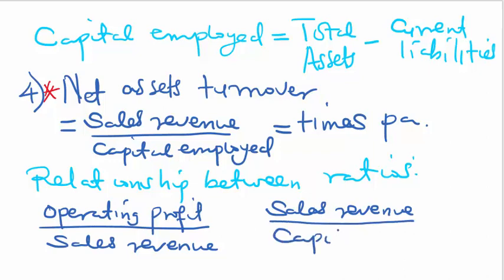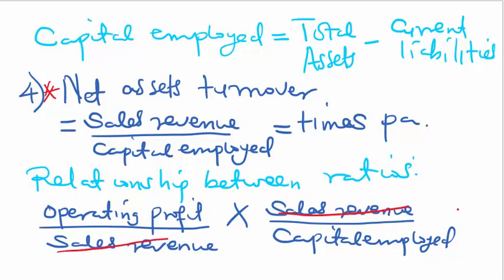Now if you multiply these two, can you see what's going to happen? The sales revenue will disappear, and we are just going to end up with operating profit. So if I changed operating profit to be OP and capital employed to just be CE, we're just going to end up with OP over CE, and OP over CE is simply operating profit over capital employed.